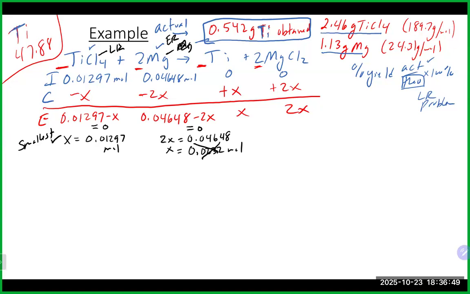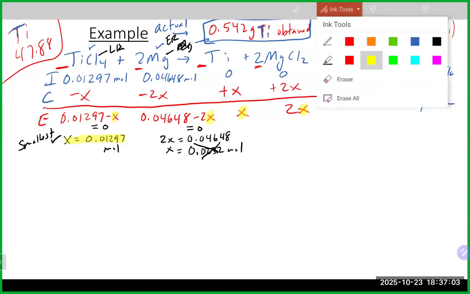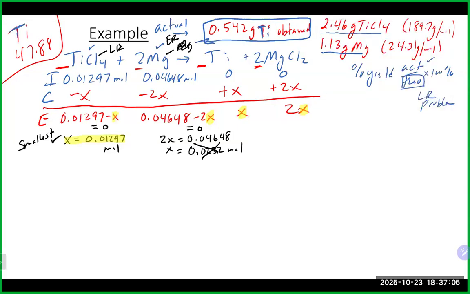Now, again, like I said before, once we find that X value here, that is the same X value in all these spots. So to answer the first question that we really are interested in, how much Ti did we produce? In terms of moles of Ti from the table, we can see it equals X, which means we would produce 0.01297 moles.